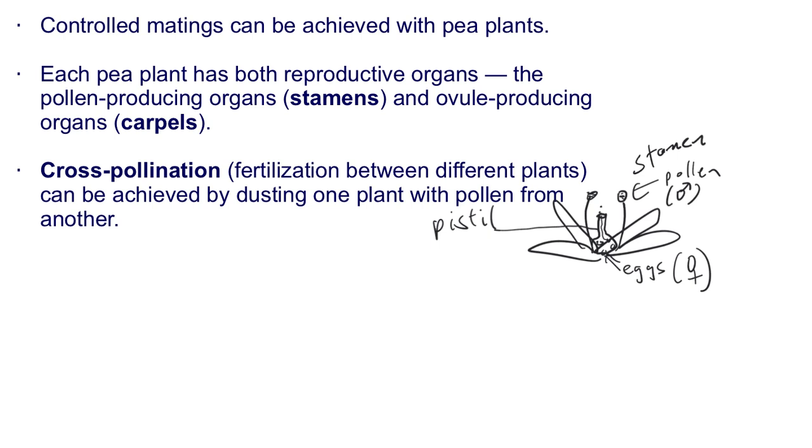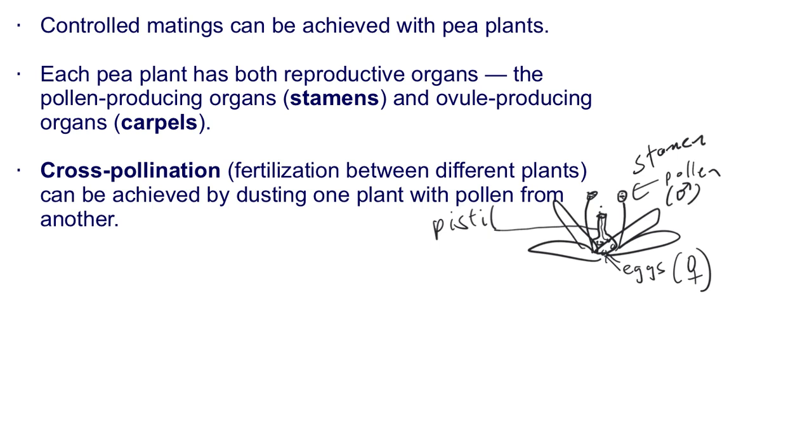We call that a seed. And then the bottom part of the pistil, called the ovary, will develop into a pea pod with a bunch of peas in it.